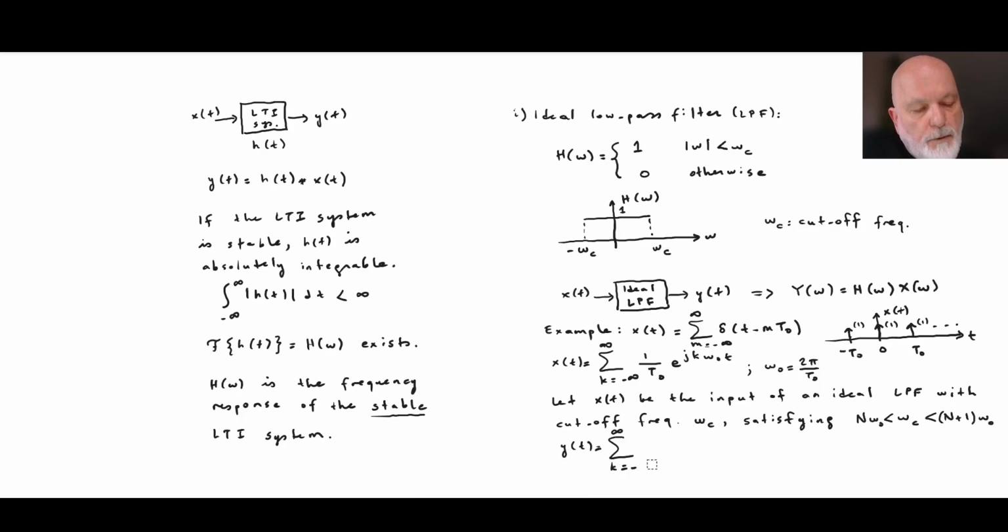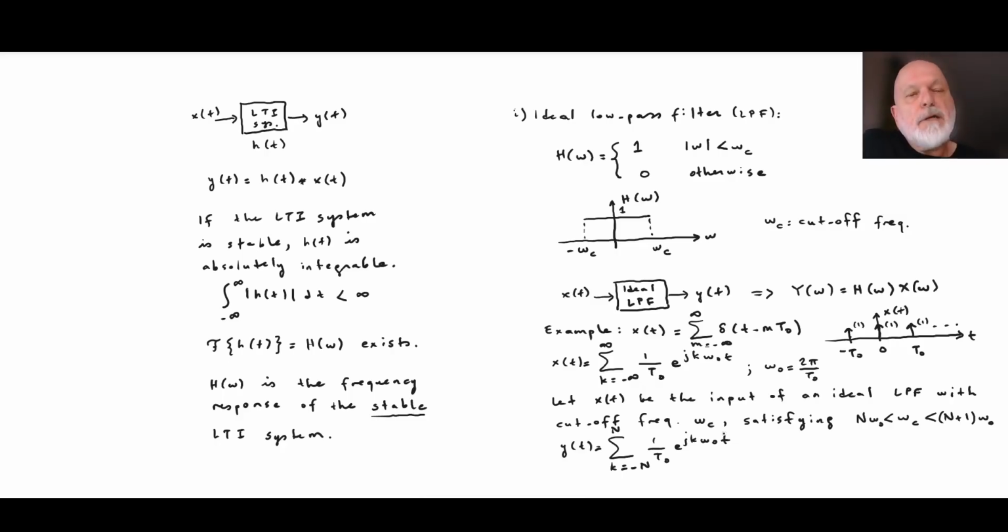Okay, not from minus infinity to plus infinity, sorry, from minus n to plus n. Why? Because all those frequency components with frequencies greater than n omega 0 will be rejected. 1 over t0 e to j k omega 0 t.